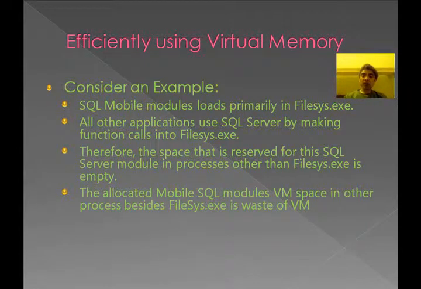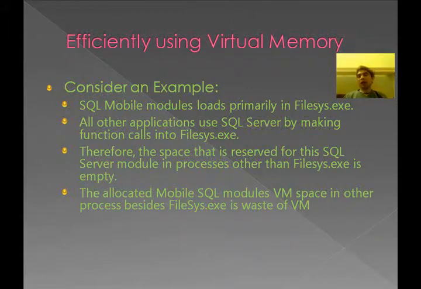Therefore, the space that is reserved for this SQL server module in other processes besides file6.exe is empty, because it's not going to be used. So there will always be a hole for every other process compared to file6.exe. The allocated mobile SQL module virtual memory space in the process is actually considered a waste.